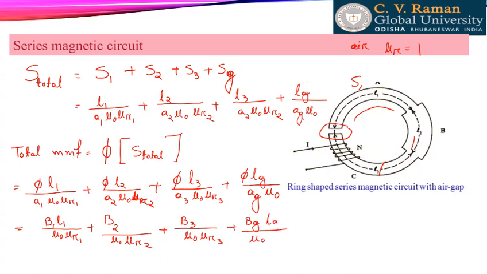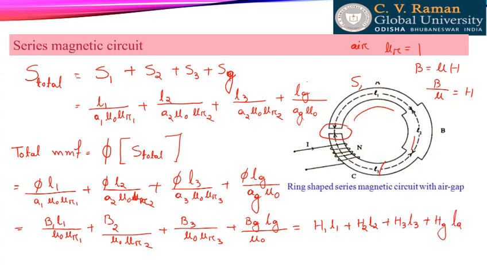Now see, we know B is equal to mu H, so B by mu is H. This can be written as H1 L1 plus H2 L2 plus H3 L3 plus Hg Lg.